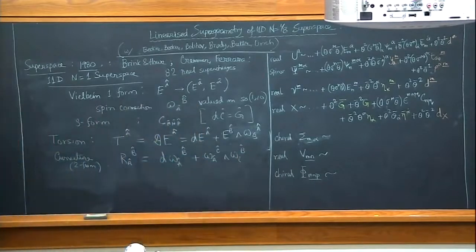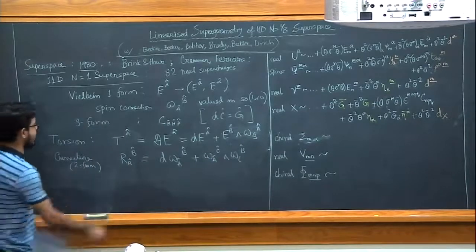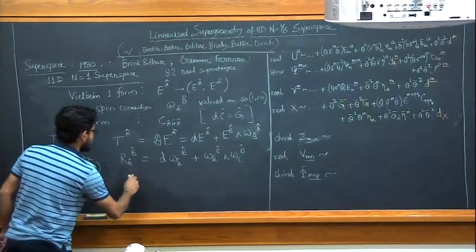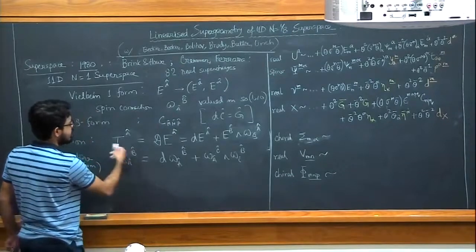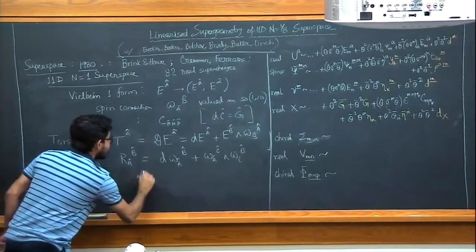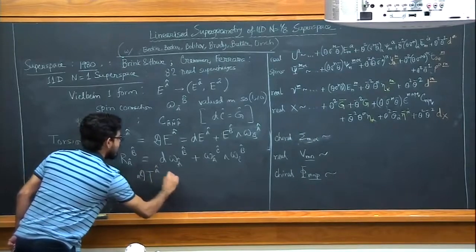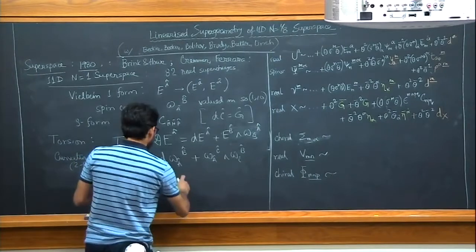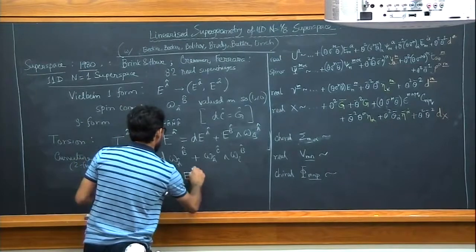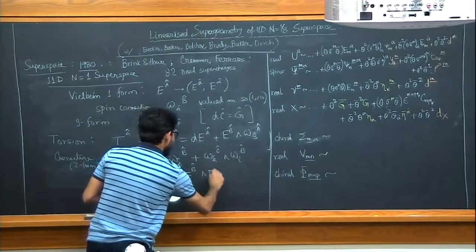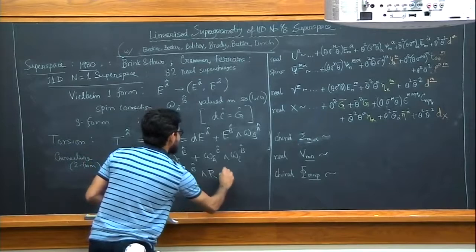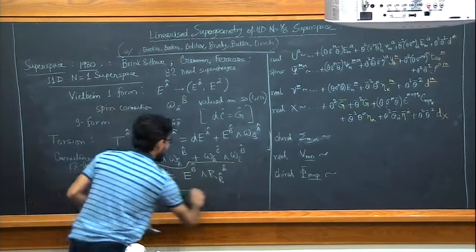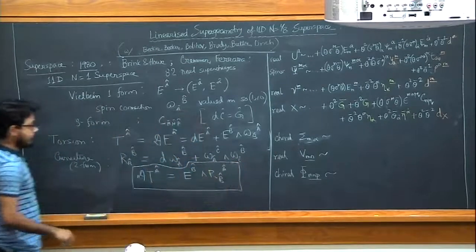Now these are defined because then immediately you can see that there is a Bianchi identity that has to be satisfied by the torsion, which goes as dT^A must be equal to E^B wedged with R_B^A. So this is the torsion Bianchi identity that is imposed by the supergeometry.